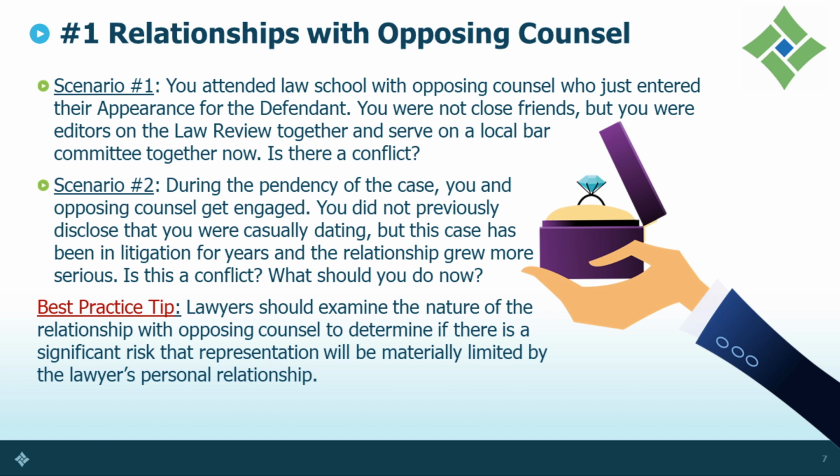And what does that mean exactly? If you exchange gifts, spend time at each other's homes, or vacation together, you probably have a conflict. In contrast, if you're just law school classmates or have a casual friendship or acquaintance, you don't have to disclose those relationships.